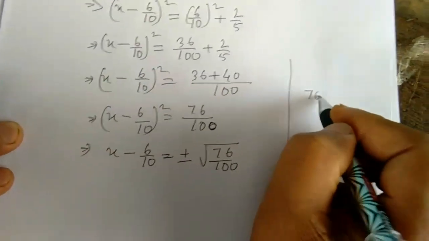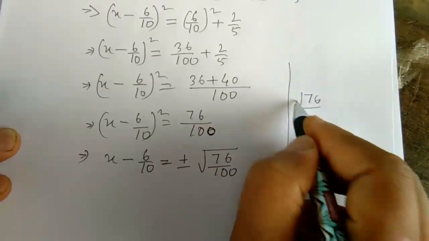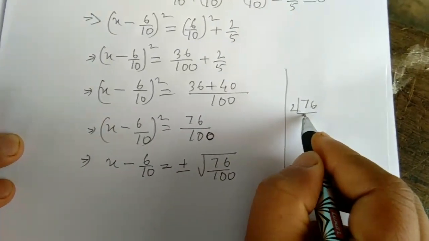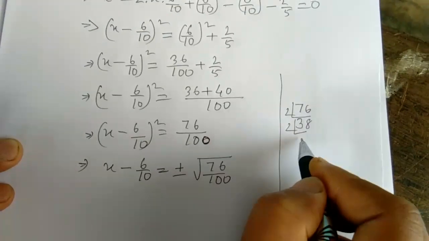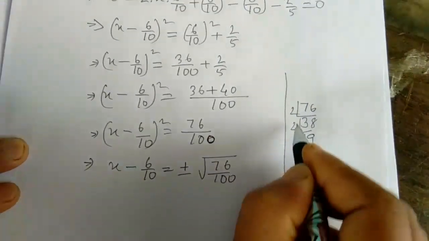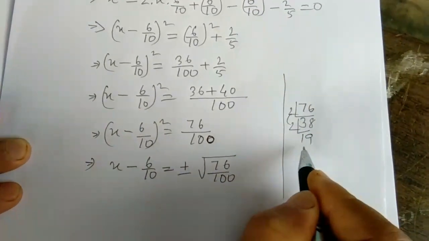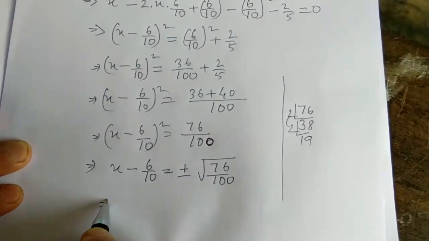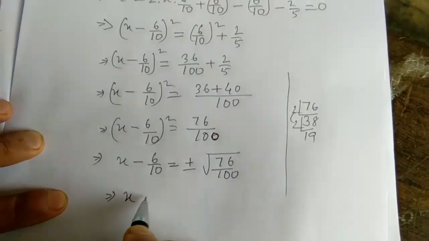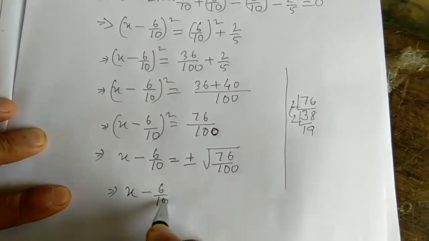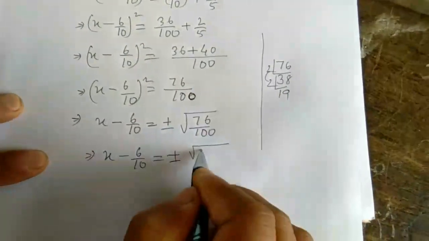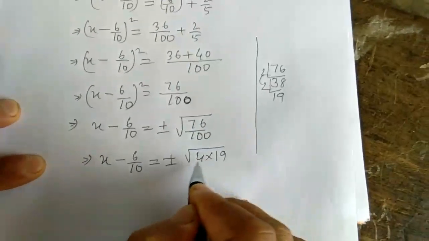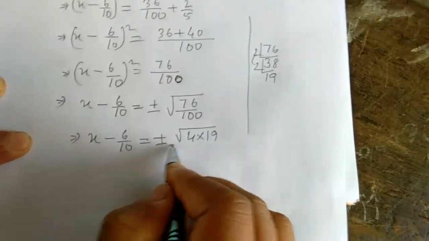So 76 you break in terms of two factors. By 2, 2 3s are 6, 1 remains, 2 8s again by 2, 2 1s are 2, 2 9s are 18. So it is 2 to the 4, 4 into 19. I think you understood this one. x minus 6 by 10 equal to plus minus root over 4 into 19, and then square root of 100 is 10.